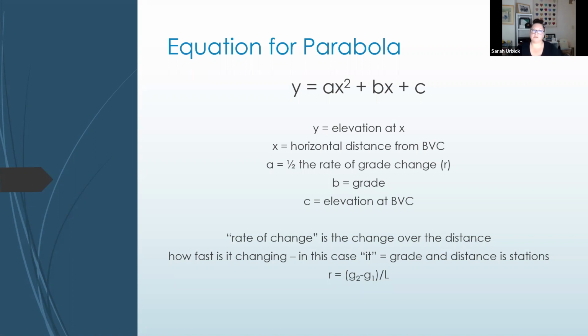So R, the formula for that is our second grade subtracting our first grade. So if this is negative, this ends up being subtracted from a negative number divided by our distance measured in stations. So what the heck does that mean?